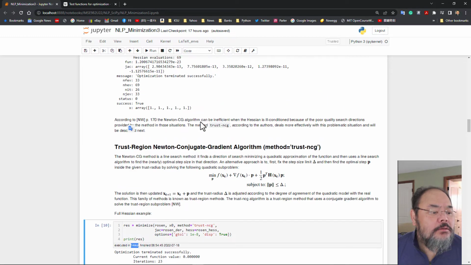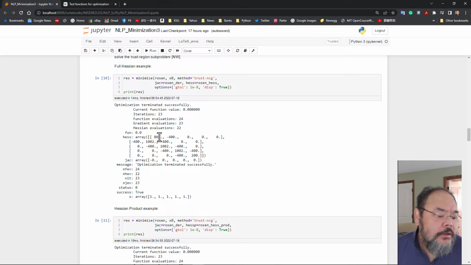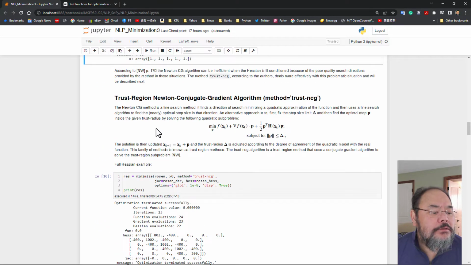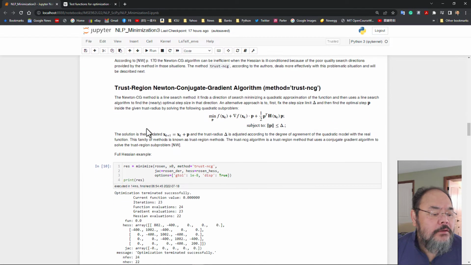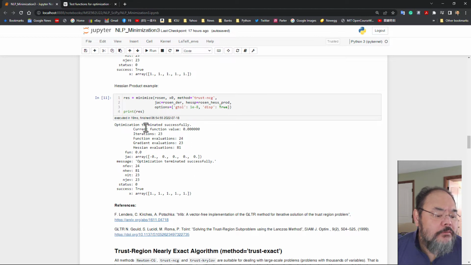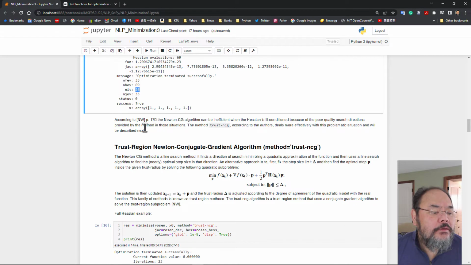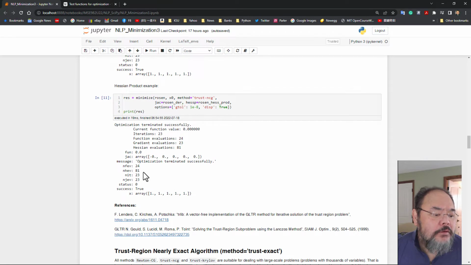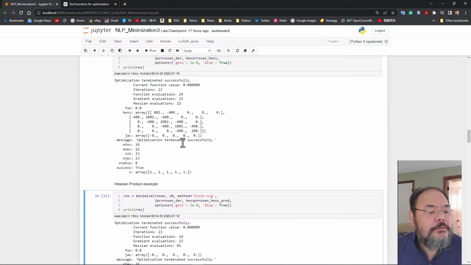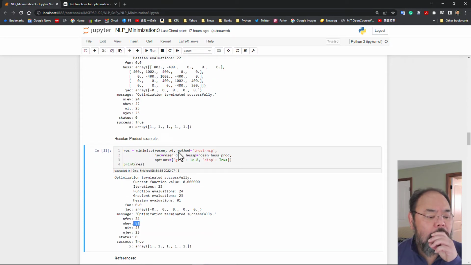It takes about 23 iterations instead of 26 iterations. Number of function evaluations is only 24 instead of 33. But it does take a little bit more time on evaluating the Hessian information in that sense.